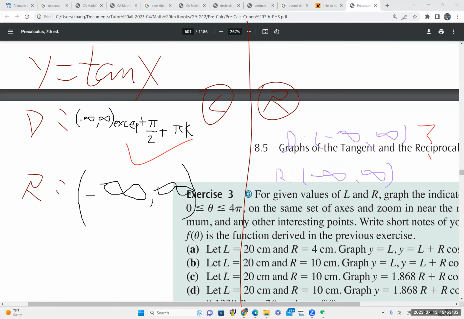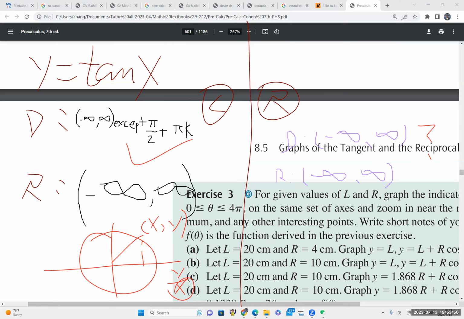For tangent, if we call this terminal point x, y, then tangent is y over x, right? Then the x coordinate cannot be 0.